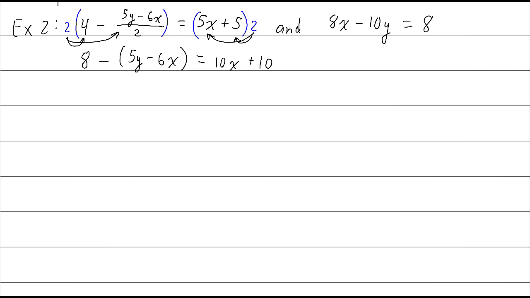While we're at it, we should go ahead and distribute that -1 here. Negative 1 times 5y is negative 5y. Negative 1 times negative 6x is a positive 6x. And then the right side still 10x plus 10.